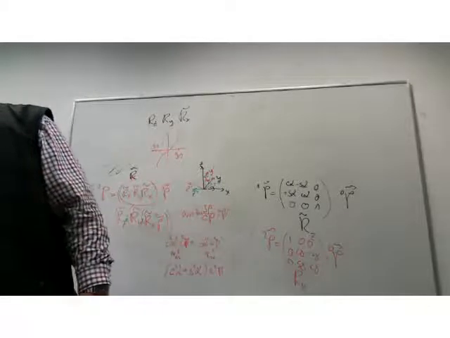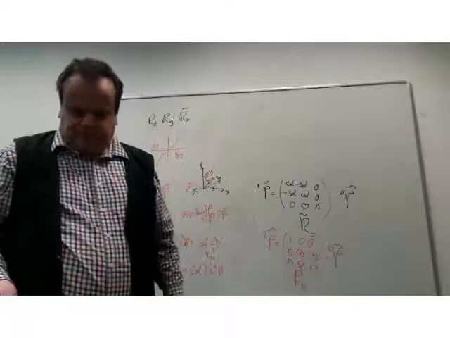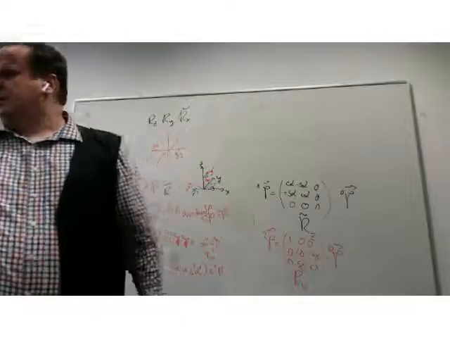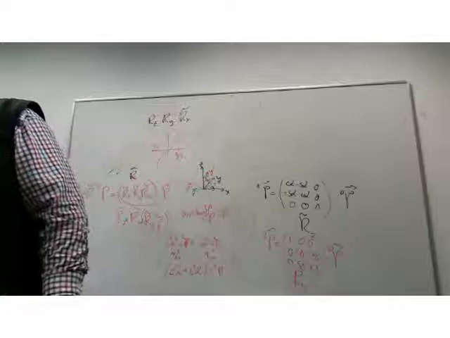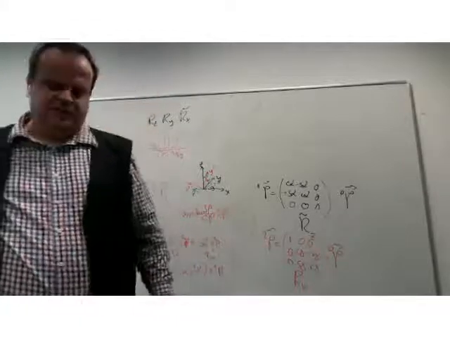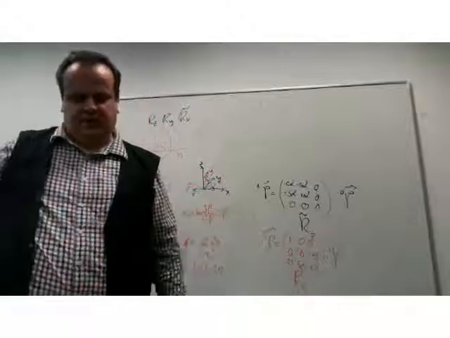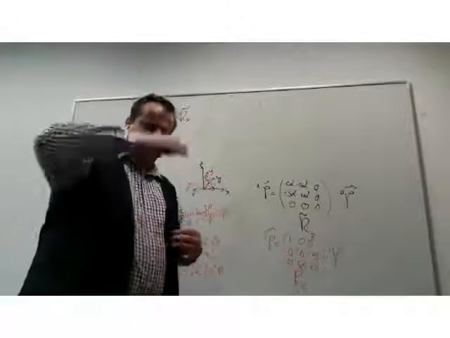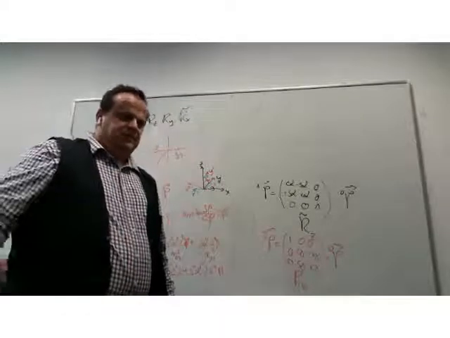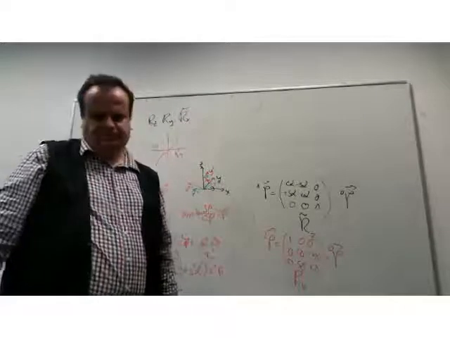If we're in the negative axis, negative x, then we just add pi to the result. So we add 180 degrees to the result of the tangent, which extends it now to the remaining values of the 360.